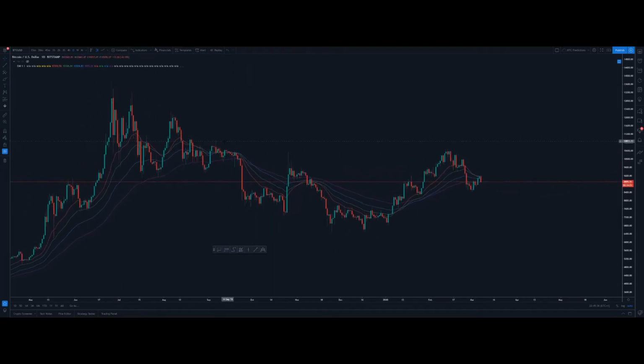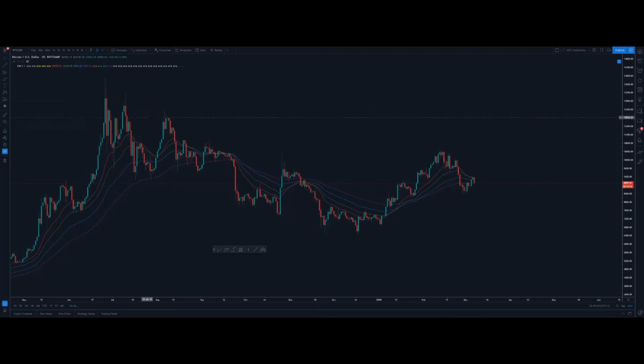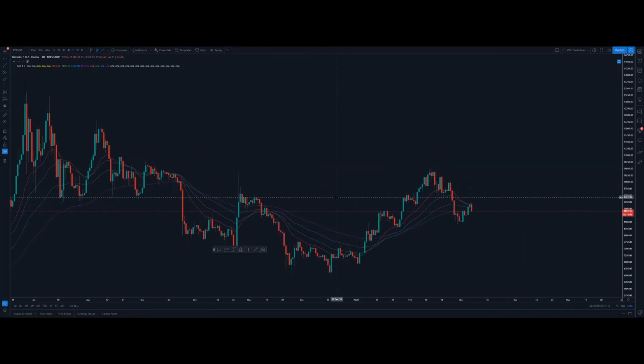How exactly this works mathematically, I will not go into, to spare you the details. What you should know is that I've chosen the settings of the Fibonacci sequence.